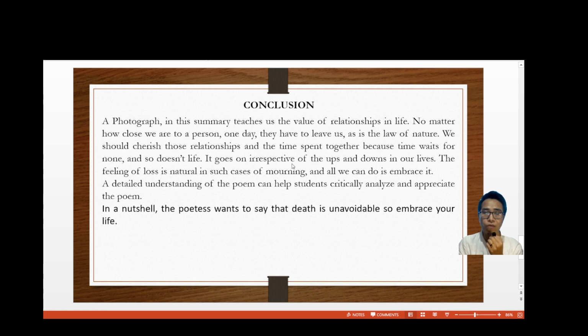It goes on irrespective of the ups and downs in our lives, and the feeling of loss is natural in such cases of mourning. All we can do is embrace it. A detailed understanding of the poem can really help the students critically analyze and appreciate the poem also.